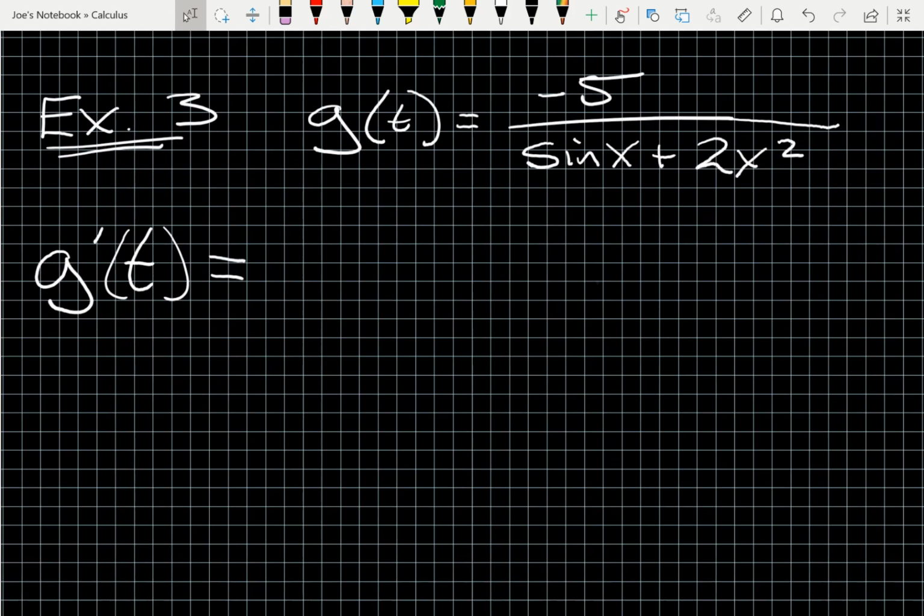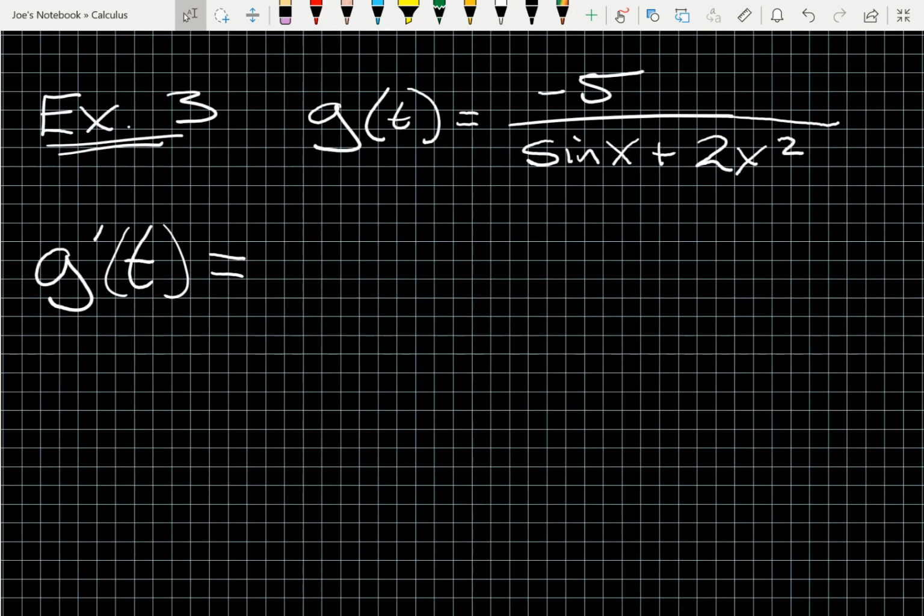I believe the last example would be a way that I traditionally write quotients as product rules. And the way you can do this is actually, before I take g prime, let's rewrite g. So there is my g, -5 divided by a 2-term denominator.